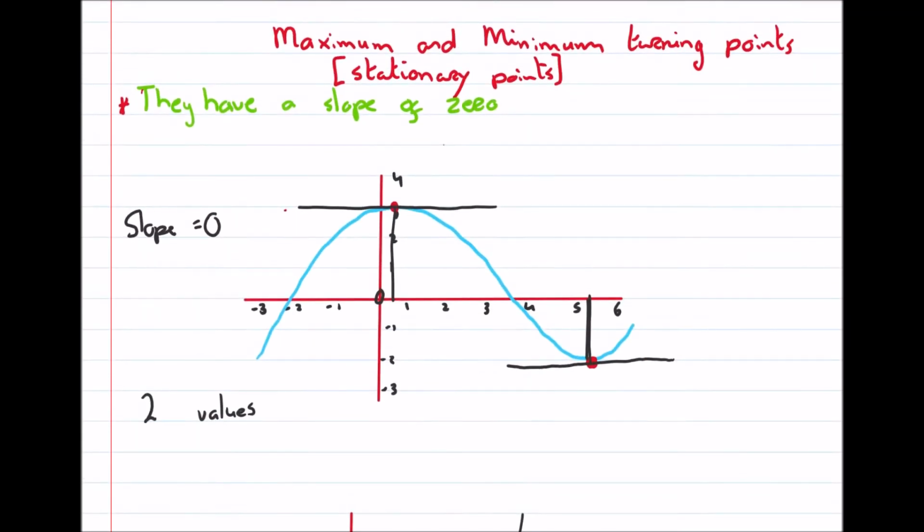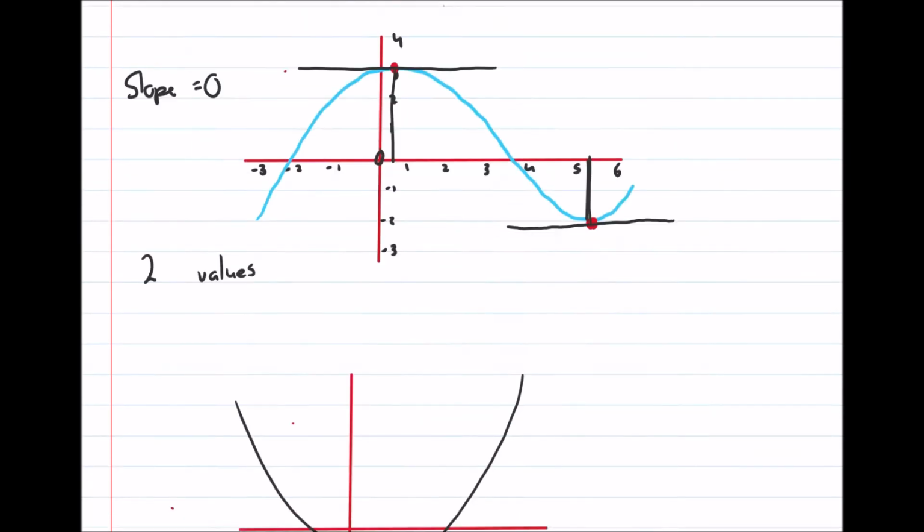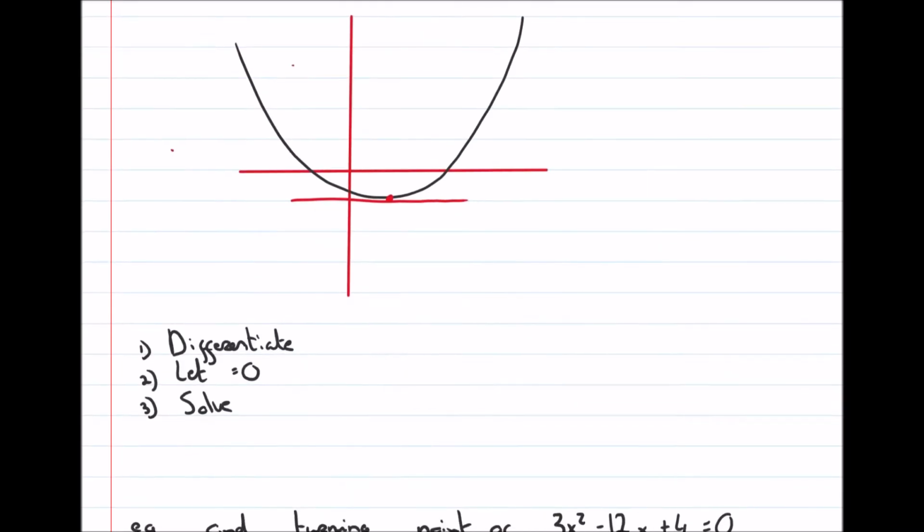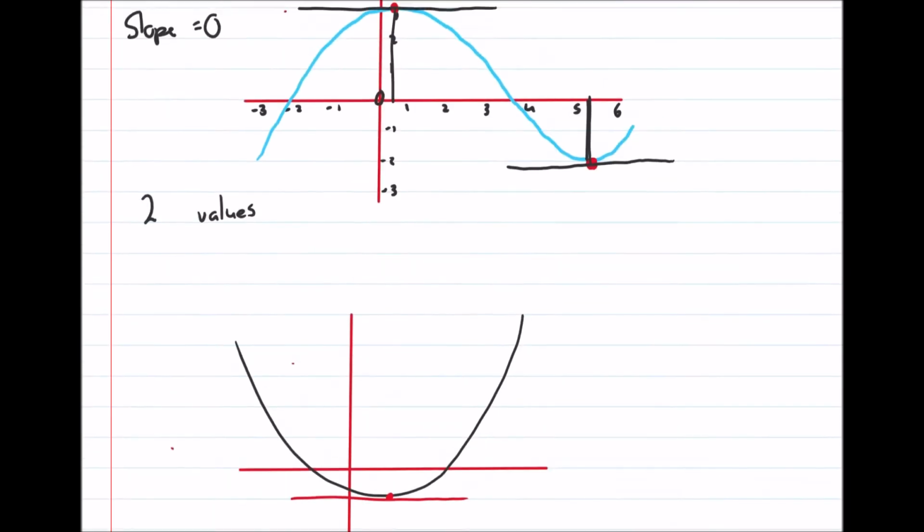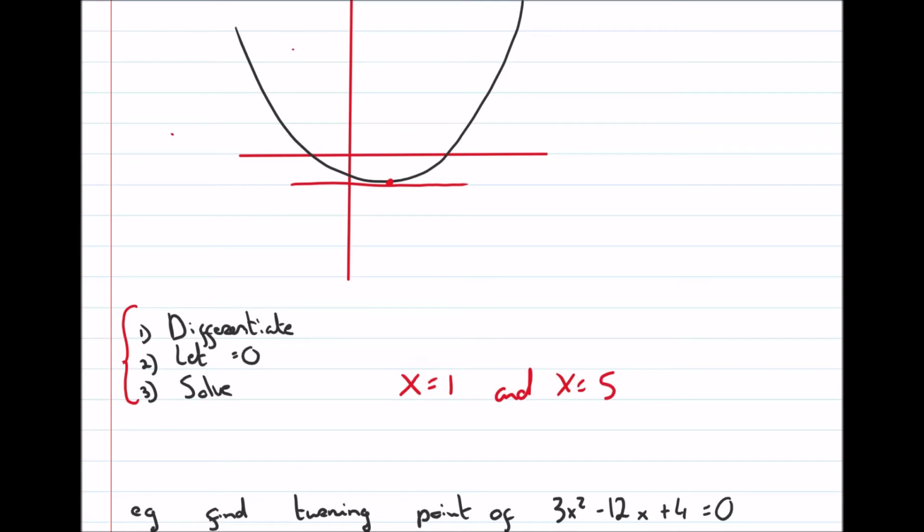Okay, let's take this one. I have my curve. I want to find its maximum and minimum values. I differentiate the function. Then I let the function equal 0. And then I'll work back and solve to see what x value gives me 0. Let's just say it was x equals 1 and x equals 5.